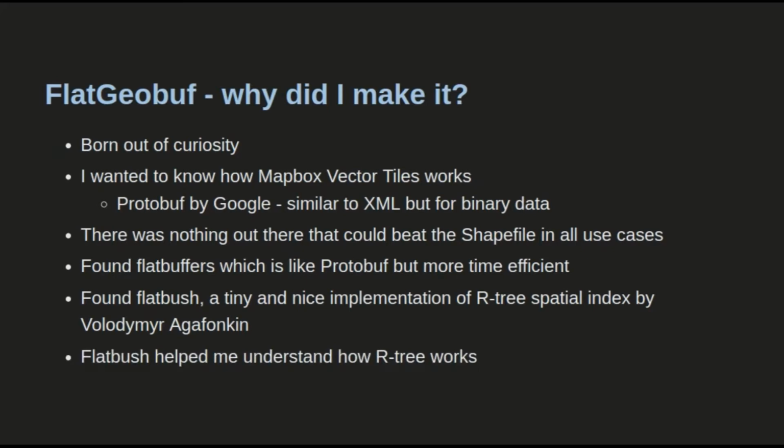And to create a format to beat the shapefile, you really need an efficient spatial index to support making spatial filtered queries against the data. So around September 2018, I made the initial commits to implement what became FlatGeobuf.